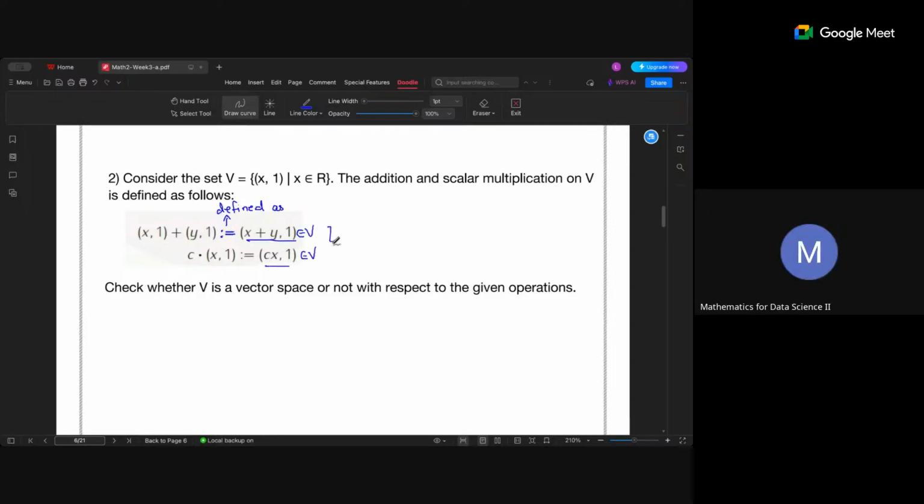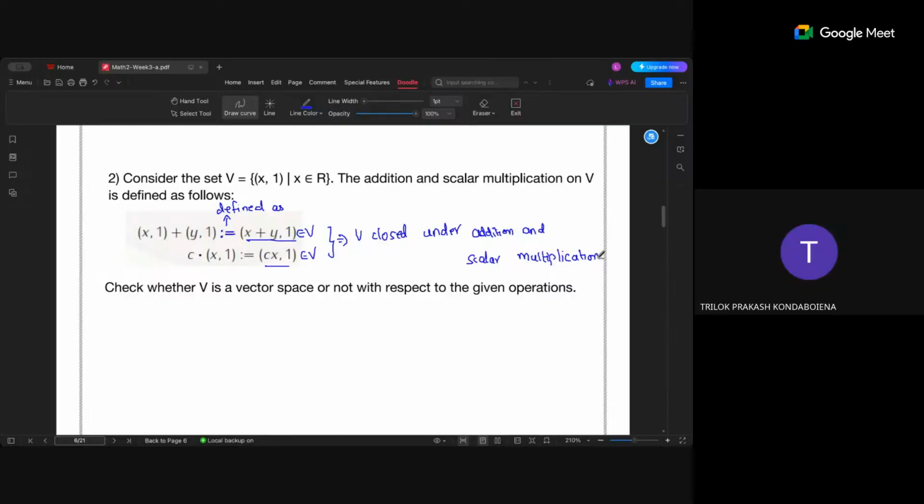So this means that the set V is closed under addition and scalar multiplication.